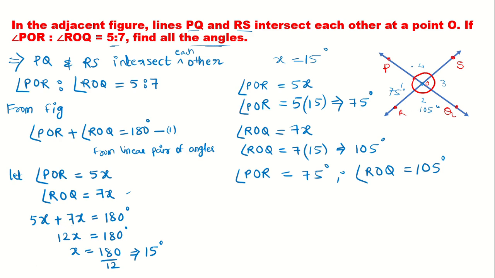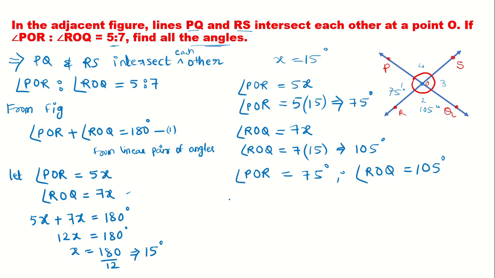Now, as these are intersecting lines, we have a topic, angles in intersecting lines. We have 4 angles in intersecting lines, and the vertically opposite angles are equal.